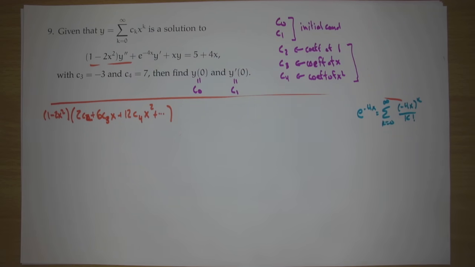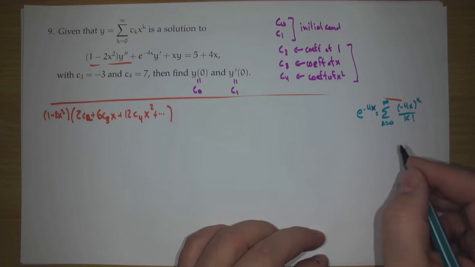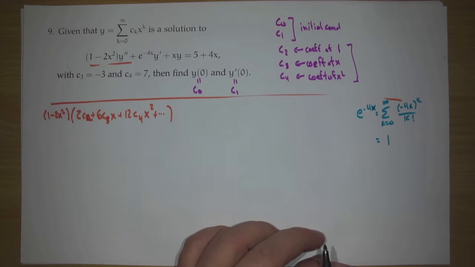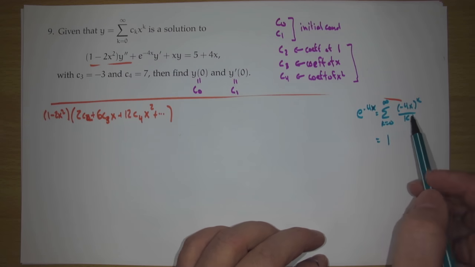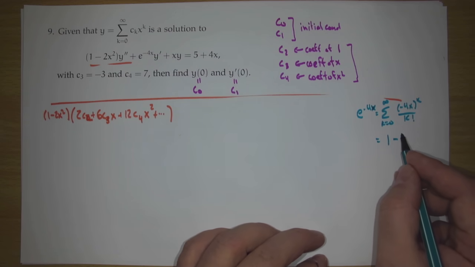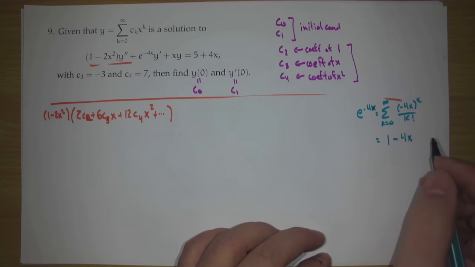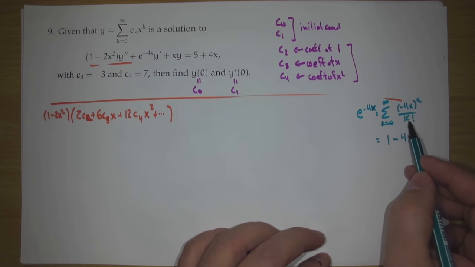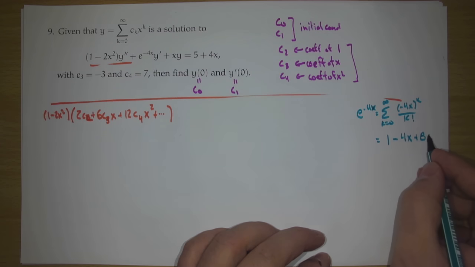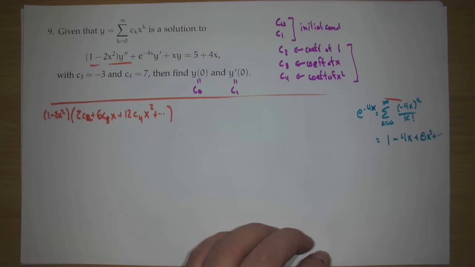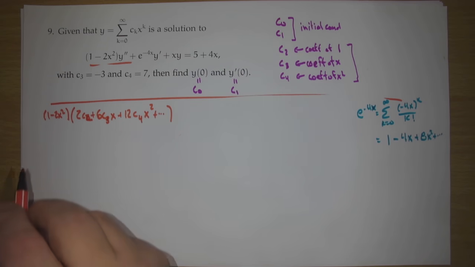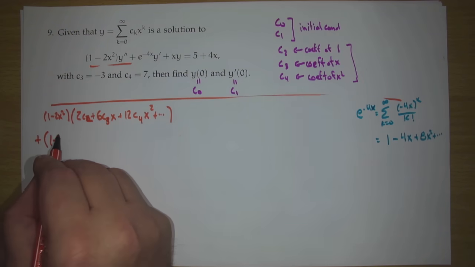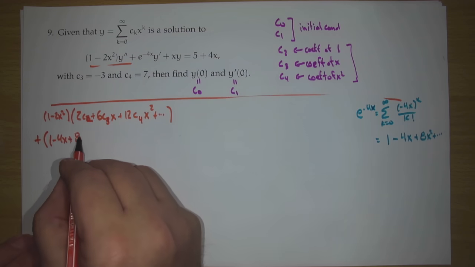I'm just plugging into the sum. That's on the sheet. So this starts off as 1 when you plug in k equals 0. Anything to the 0, 0 factorial is 1. Minus 4x over 1 factorial. That's not too bad. Negative 4x squared is 16x squared. Divide by 2 makes 8x squared, and so on. Okay, so the next term we have, maybe I'll write it underneath here, is 1 minus 4x plus 8x squared plus and so on.